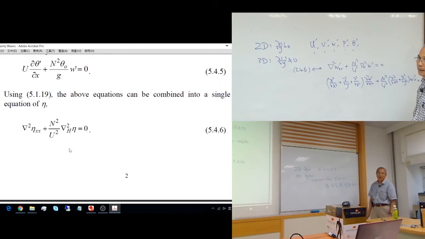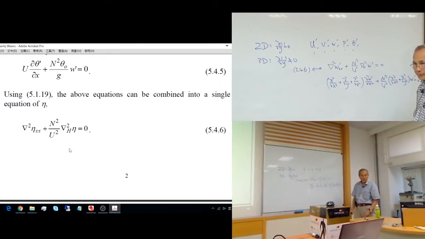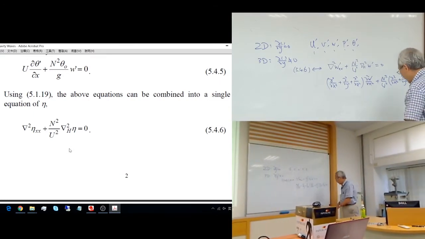So if it's two-dimensional, what happens? This is 3D.